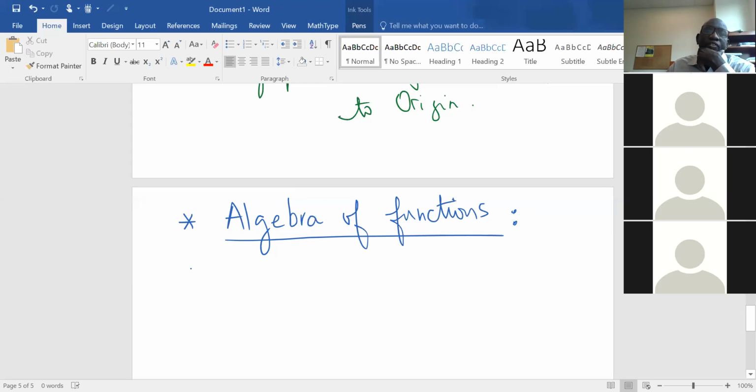First, addition, subtraction, multiplication, and division of functions.